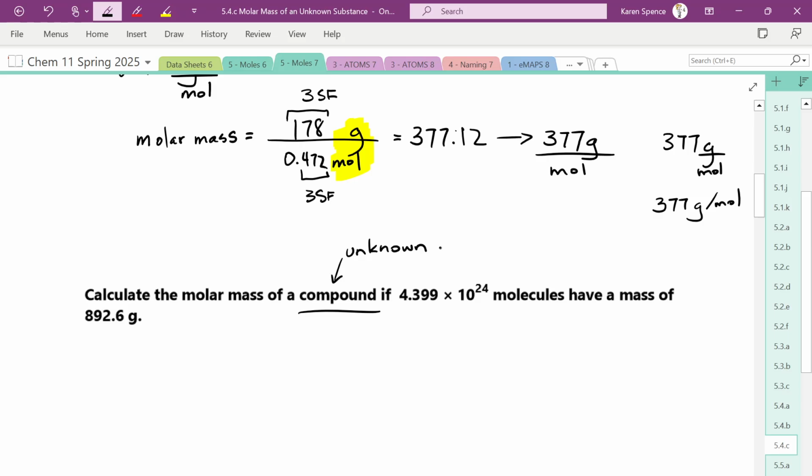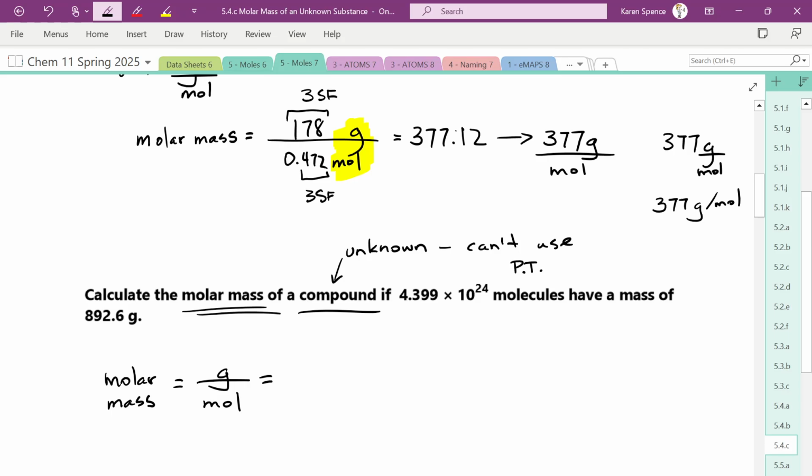Can't use the periodic table, but we need its molar mass. How do we calculate molar mass? Molar mass is equal to the what over what? Grams over moles. So let's see.